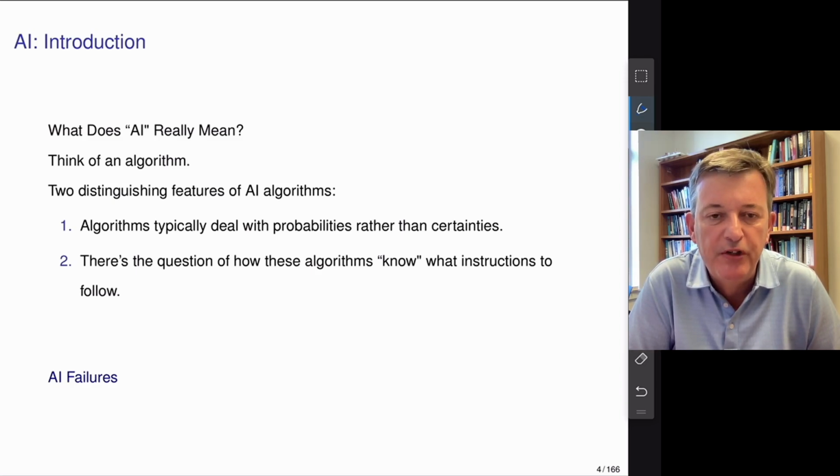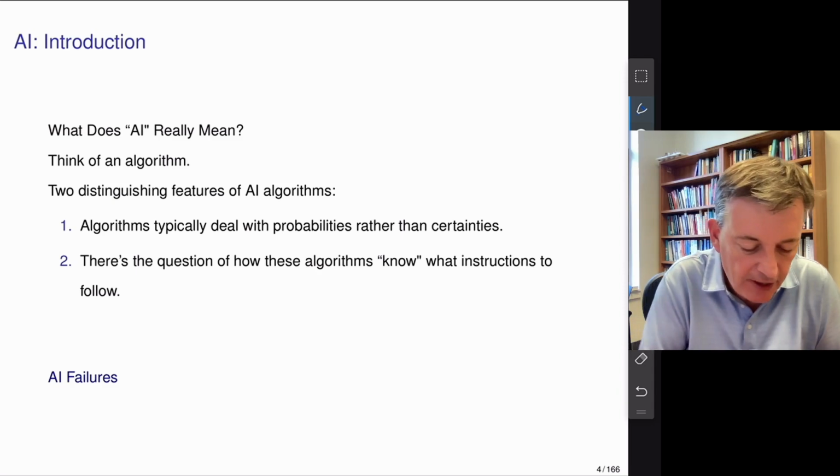But of course, there's a big question of how do algorithms know exactly what to do, and that in some sense requires a model, aka a deep learning algorithm. And really, one of the big insights of deep learning is that rather than build theoretical models, you can take very, very large empirical data sets and essentially pattern match. So we'll talk about that.